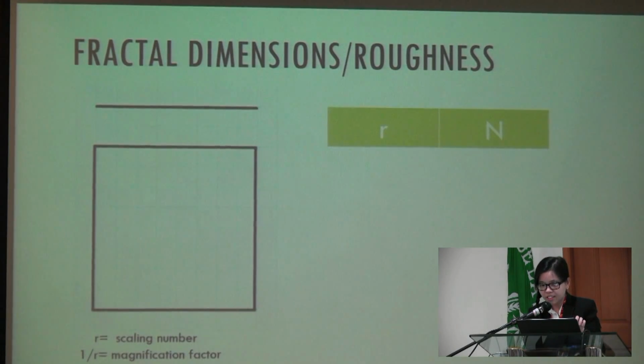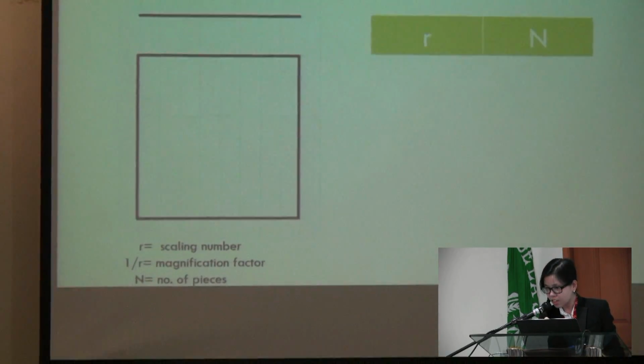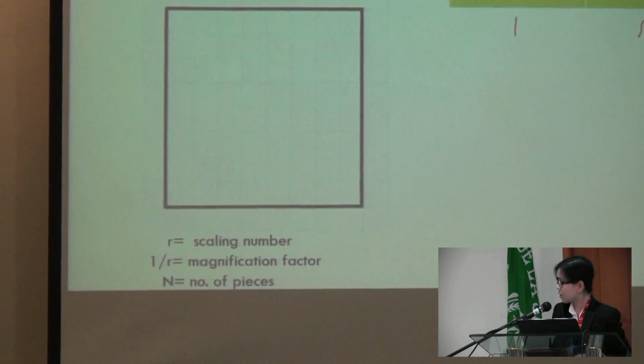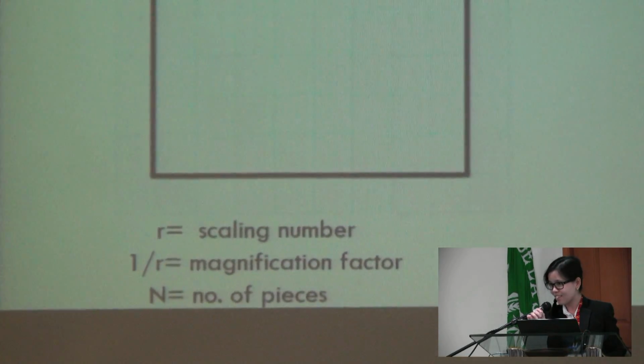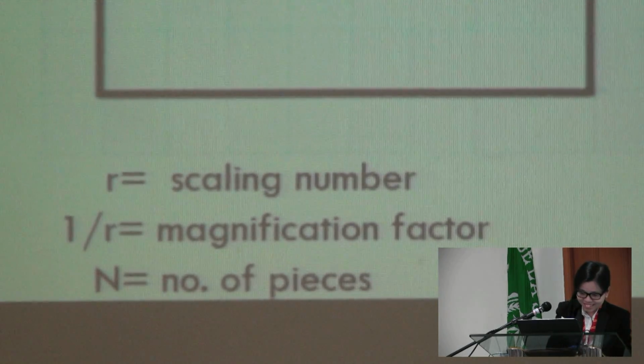So for the line, R is defined as the scaling number, meaning how many times I divide it, or 1 over R is the magnification factor we had earlier, okay, and N is the number of pieces you will observe after we cut it. So before cutting, we have a 1, okay? It's a 1, it's not a 7. Okay, let me erase it.